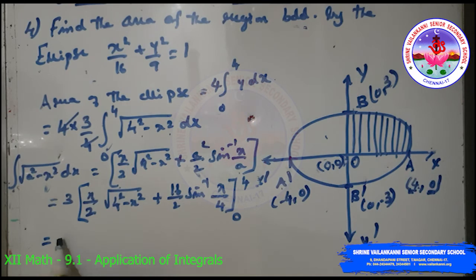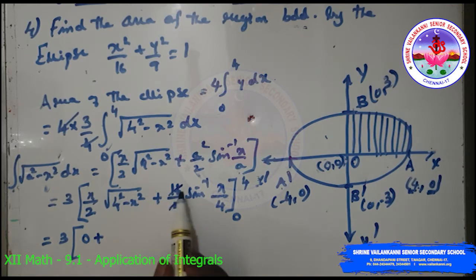So which is equal to 3 into upper limit minus lower limit. The upper limit is 4, so 4 by 2, 2, into root of 4 square minus 4 square which is 0. So 0 plus, 2 and 16 will get cancelled, which is 8 into sine inverse of x by 4.